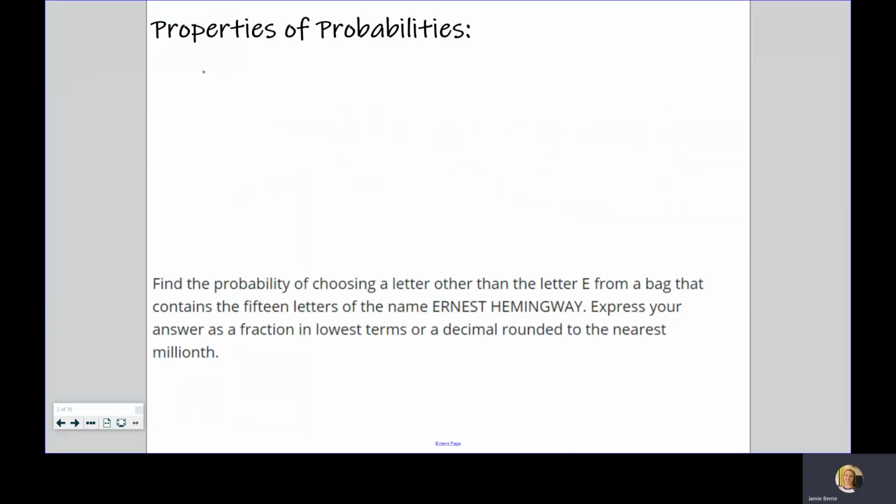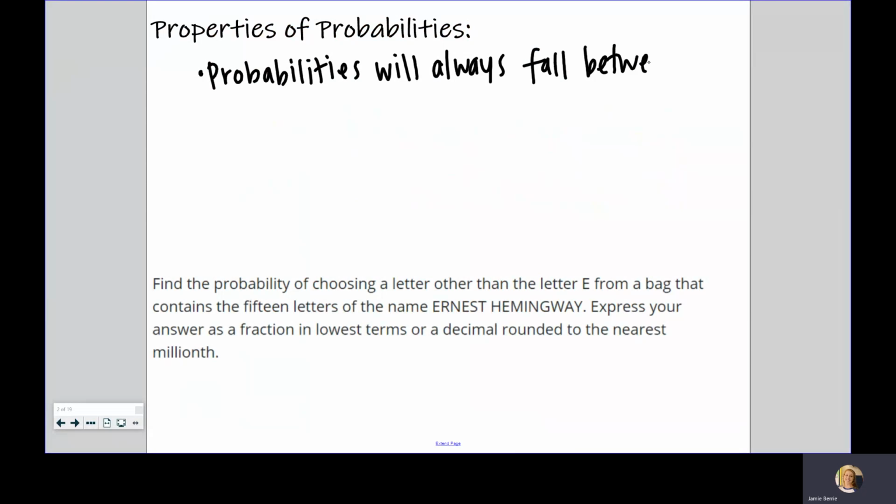First of all, probabilities will always fall between 0 and 1, inclusively, which means that probabilities are allowed to be equal to 0 and allowed to be equal to 1.